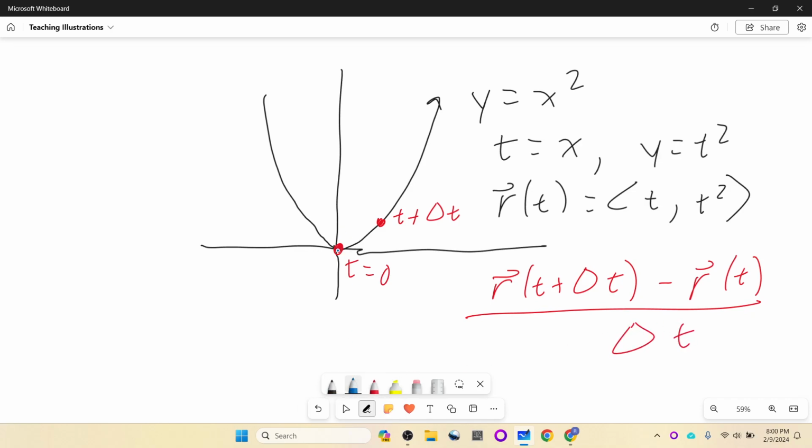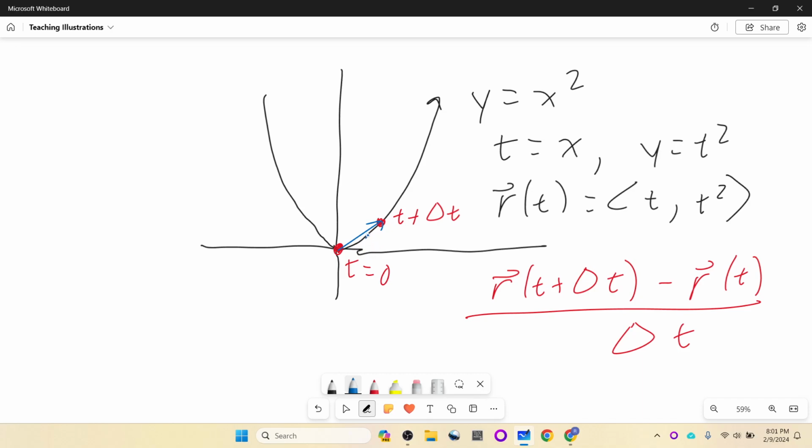So we would take the straight line vector between this point and this other point. And then we would divide it by the amount of time that passed. Meaning the length of the vector is essentially how fast we are moving along this curve.